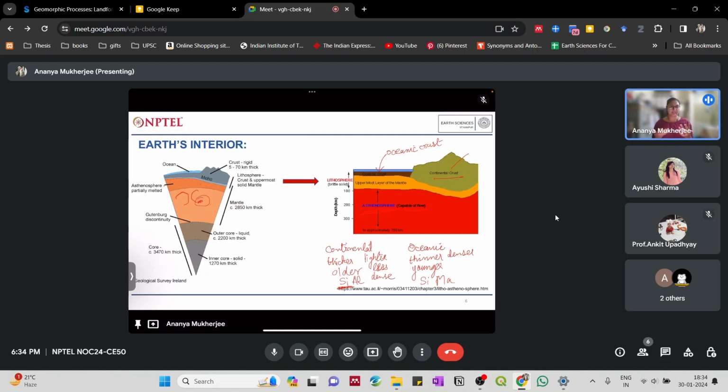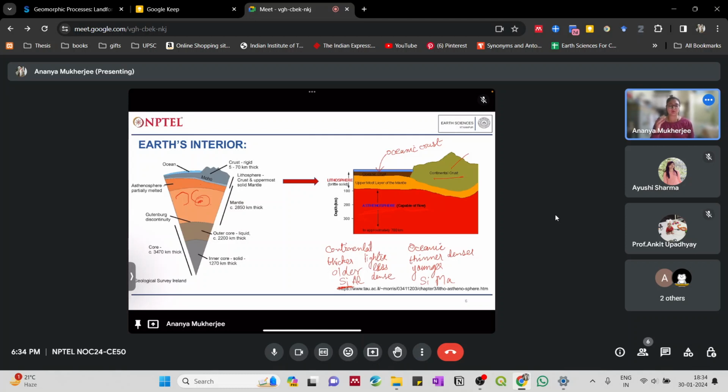Any layer, as I said before, if you change something in their characteristics, a very different kind of setup will evolve. So the earth system we have right now, all of these play an important role in that.